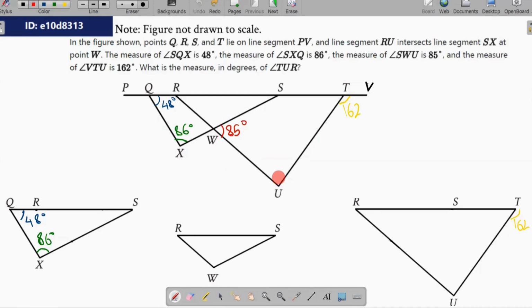That angle is going to be 180 minus 86 minus 48, which is 46 degrees. So what we found is this angle right there, 46 degrees, which is also this angle right there, because SWR is inside this triangle, so they share that angle.